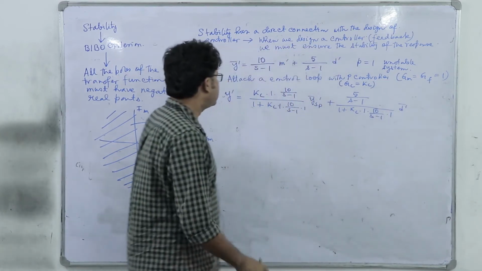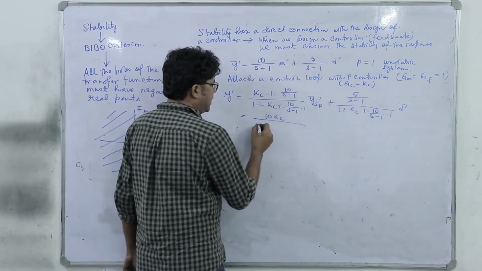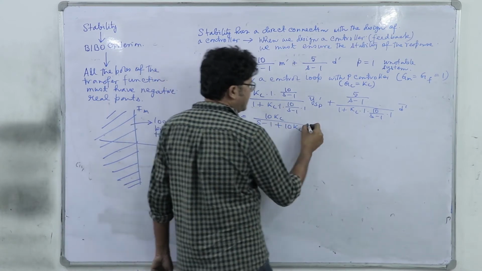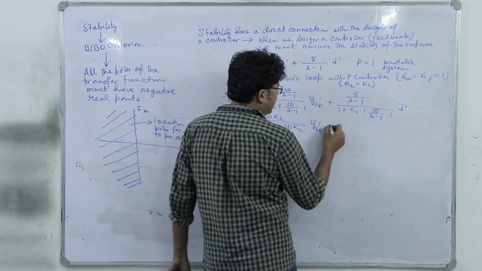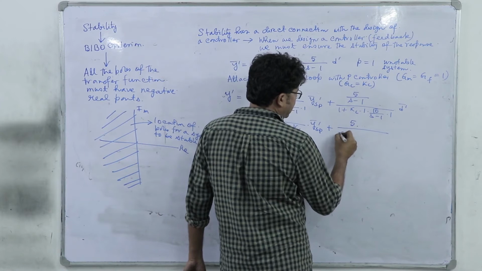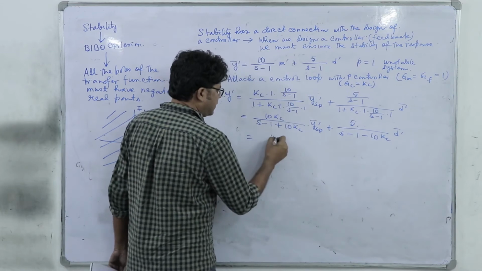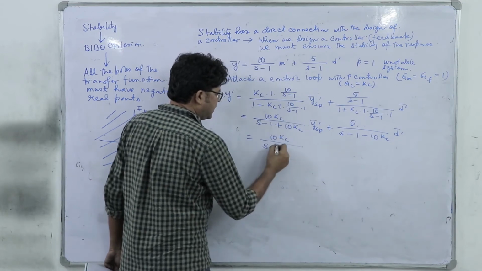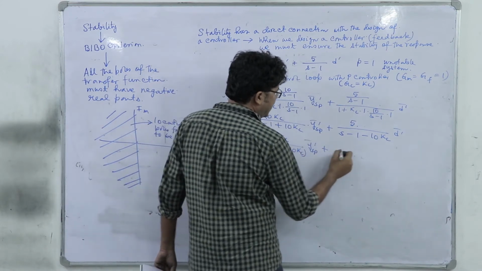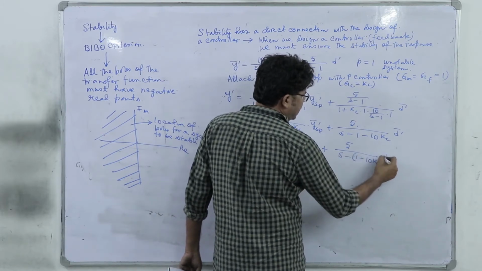Now you see what happens: 10 KC divided by s minus 1 plus 10 KC into Y_SP prime plus 5 divided by s minus 1 plus 10 KC into D prime. So essentially we can restructure it as 10 KC divided by s minus 1 plus 10 KC into Y_SP prime plus 5 divided by s minus 1 plus 10 KC into D prime.